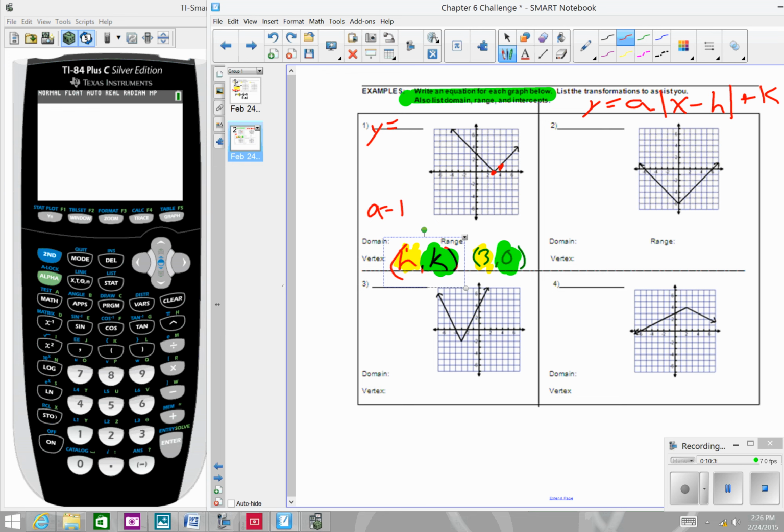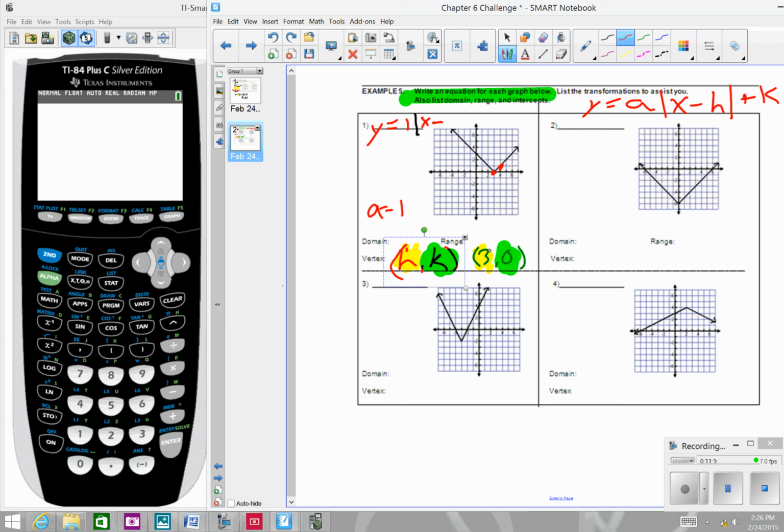So if I were to write an equation, I have my a value, my h value, and my k value. All you have to do is plug them into this equation. In this case, y equals 1 times the absolute value of x minus, what's my h value in this case?